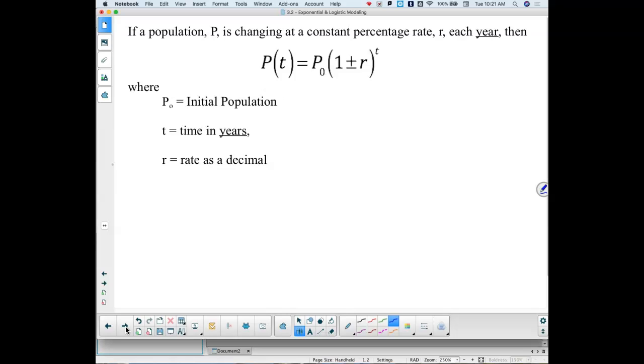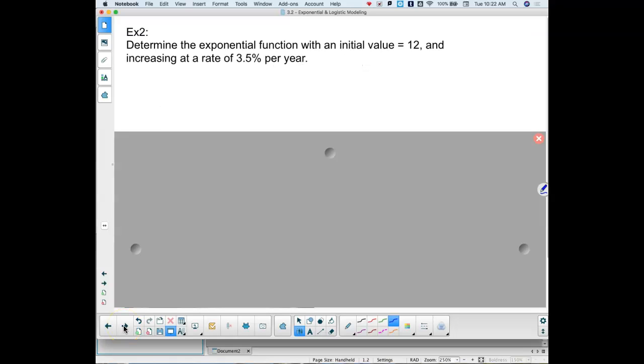Now we said time in years there, but time really here is whatever time frame our problem is set up for. We used it in the last problem as hours. Most of the time we'll use it as years, but it's whatever the time frame of your problem is set up for. Okay? So, 2 problems to go here now.